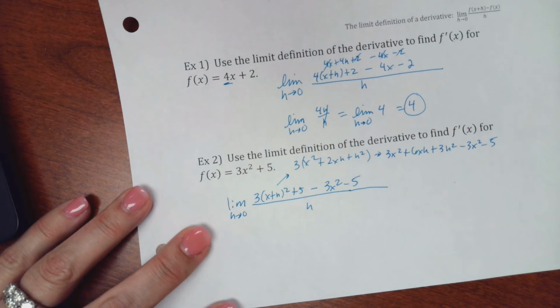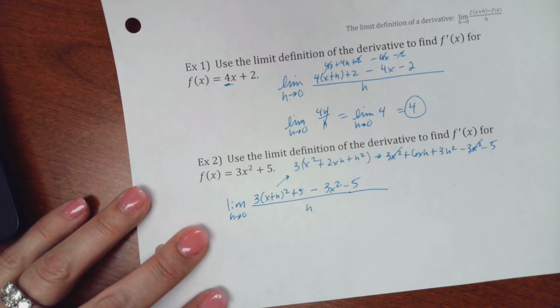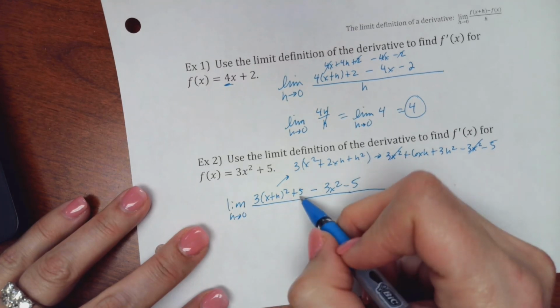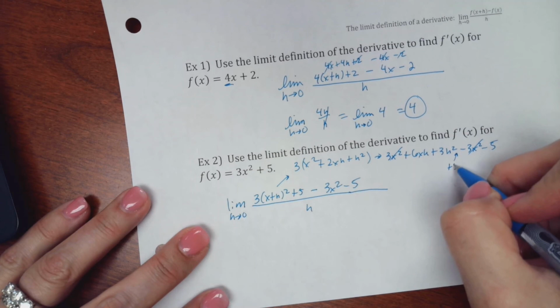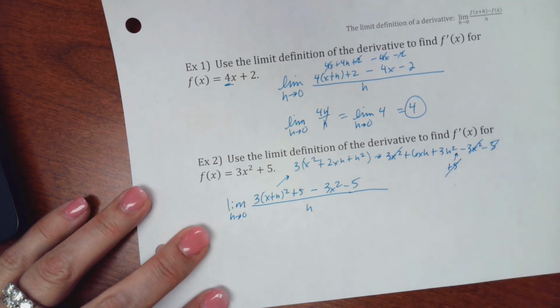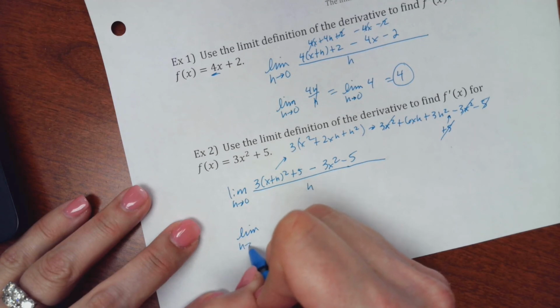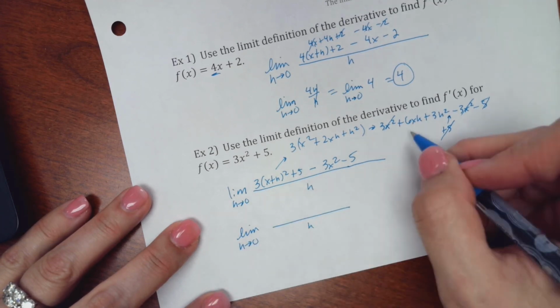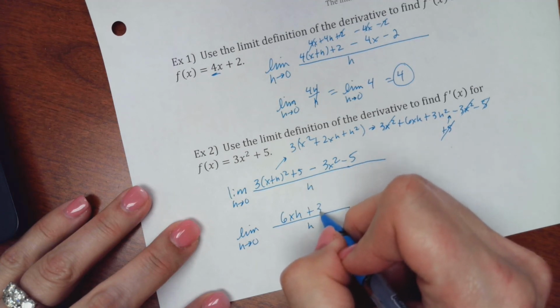All right, so let's take a look. 3x squareds go away. And let's see. Oh, I forgot this plus 5 was after that part. So there was an extra plus 5 in there, and there I have a minus 5. That's gone. Yeah, that's what was wrong. All right, so let's look what we have left. I got h on the bottom. I got 6xh, then plus 3h squared.